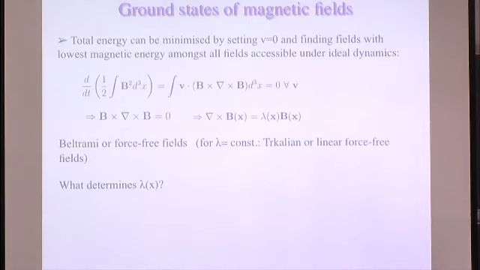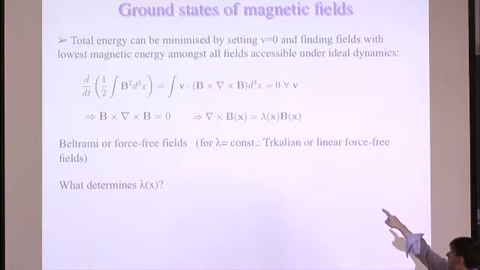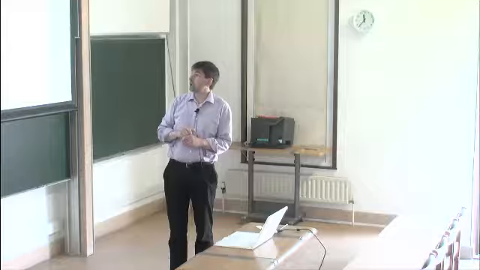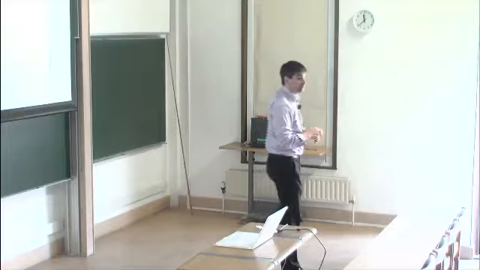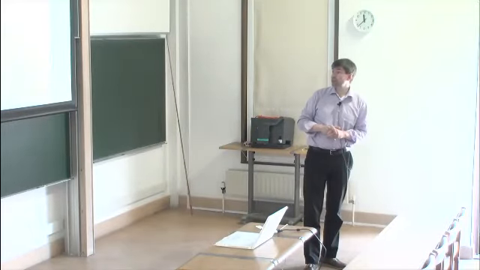So they minimize the magnetic energy. Not necessarily, these are extrema of the magnetic energy. And in general, there appears a parameter lambda here in this equation, which is a force-free field parameter, and in general depends on x, the position.